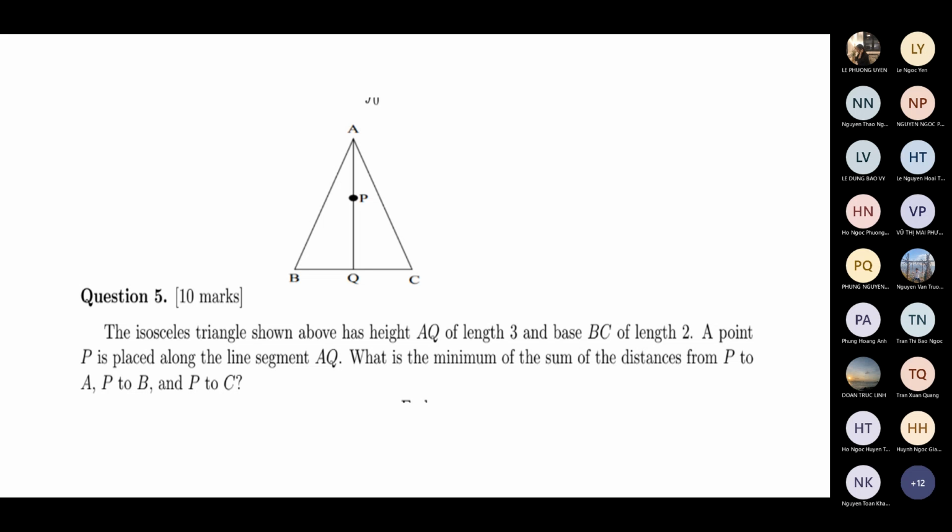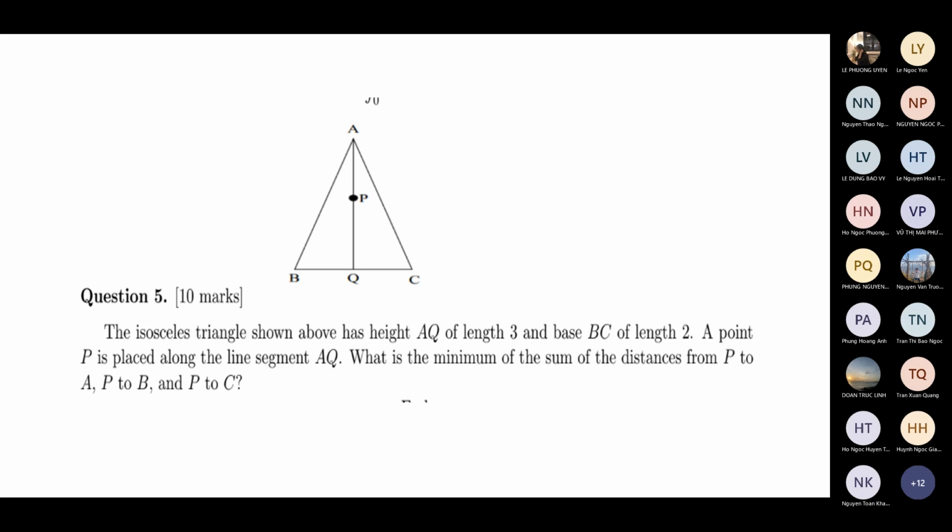And clearly you have PB equal PC equal square root of PQ square plus QC square, by the Pythagorean theorem.